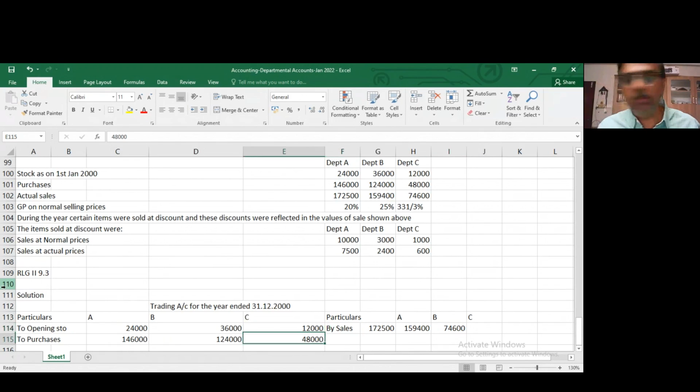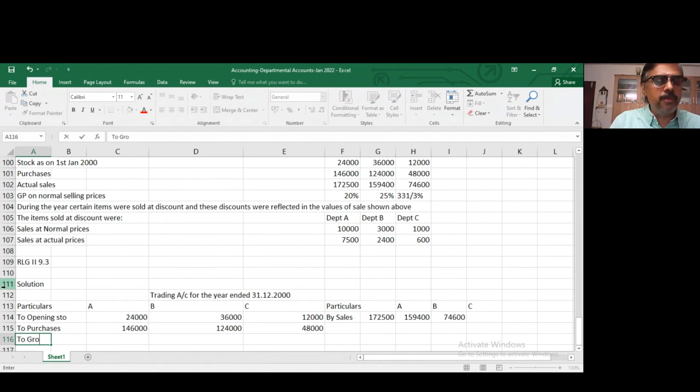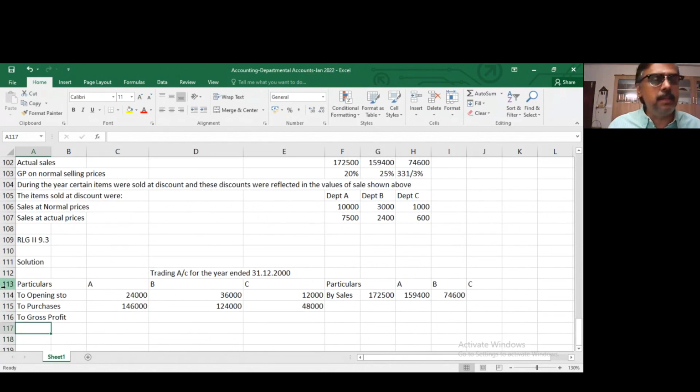Closing stock figure, let us check whether they have given it. They have given us the opening stock, but not the closing stock, so you have to determine the closing stock. Before that, the gross profit. Now, very important, we are going to determine the gross profit because GP on normal selling price is 20%, 25%, and 33 1/3%.